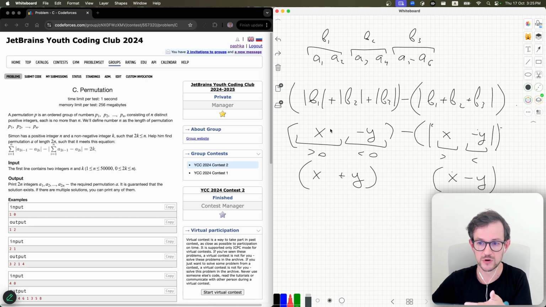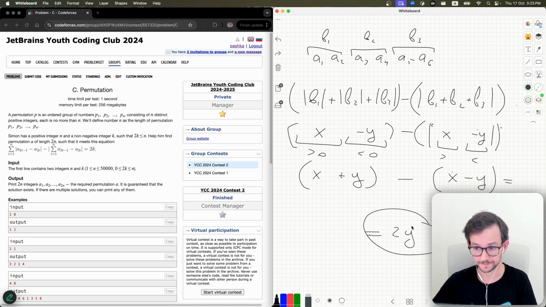So I introduce a positive sum and a negative sum, and then try to rewrite my formula using these elements and hope it will be simpler. You have minus this. So now I have, very simply, x plus y minus x minus y, which is x minus x is 0, y plus y is just 2y. That's all.